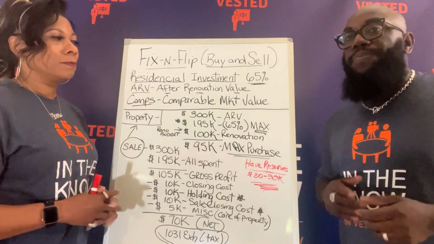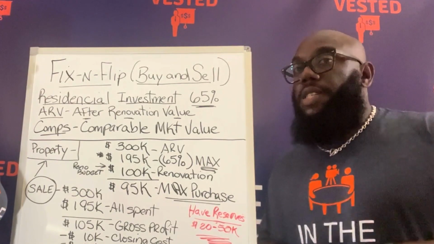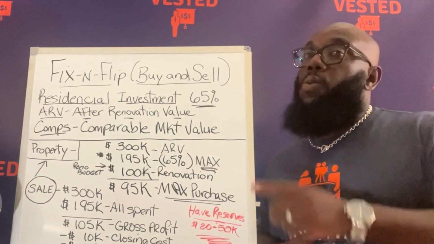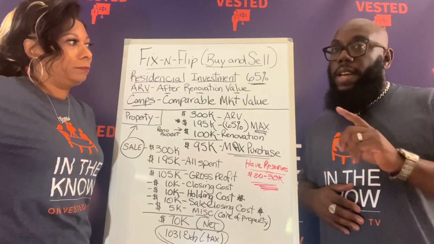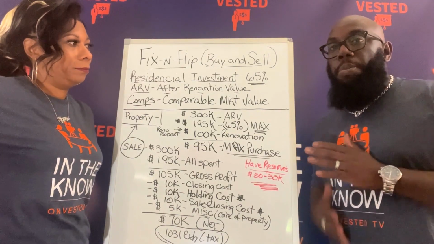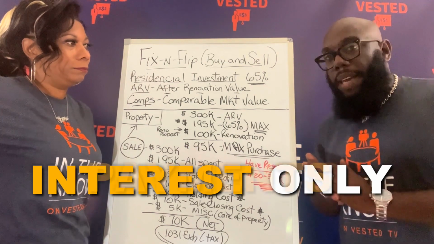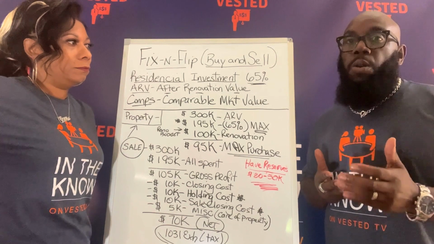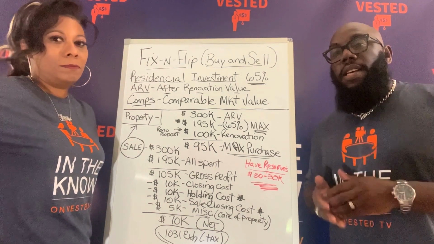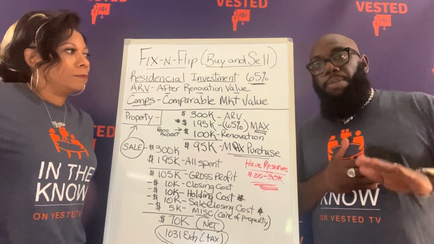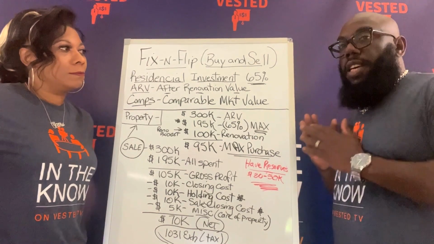Not only that, that hard money lender wants to know that your numbers work because they want all their money at the end. So here's another caveat that I skipped about hard money. You pay interest-only payments every month. For those who are regular homeowners, you know when you get your statement, some of your money went toward the principal, and you see how you're paying your property down, and then some went to interest.